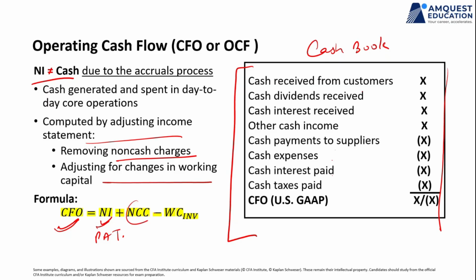The non-cash expenses are depreciation and amortization, which you add back. Perfect. So in short, that's how you can calculate cash flow from operation.